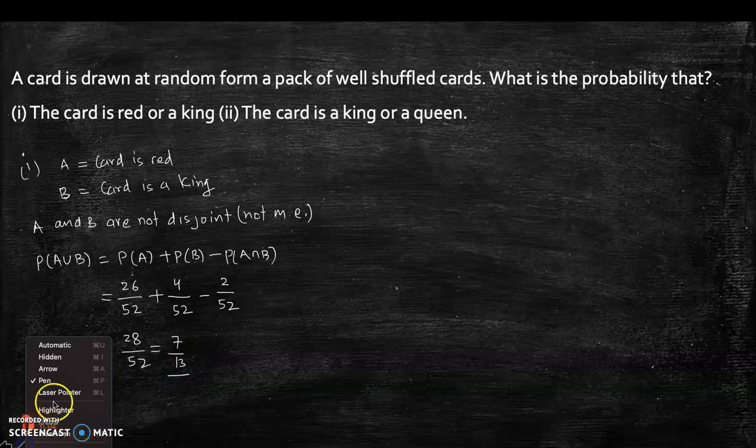Let's see the second part now. Now I'll say event A is that the card is a king. That is the outcome. And B is that the card is a queen.